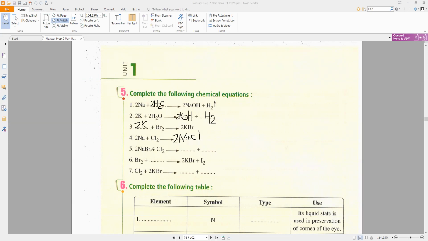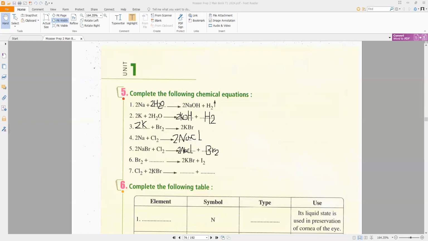When sodium bromide reacts with chlorine, the chlorine can replace the bromine. Yes, because bromine is less active than chlorine, so it produces 2NaCl plus bromine forming in the reaction.